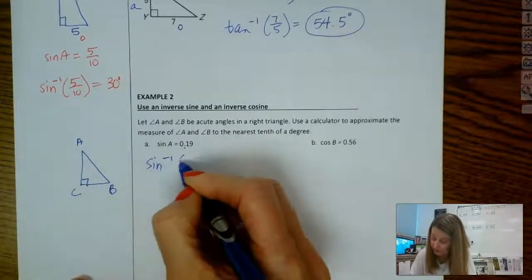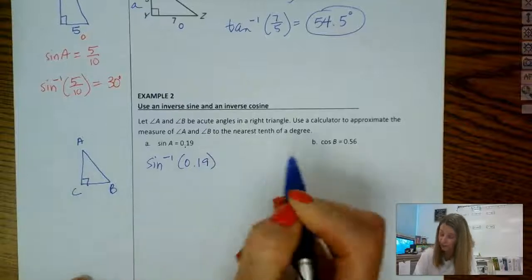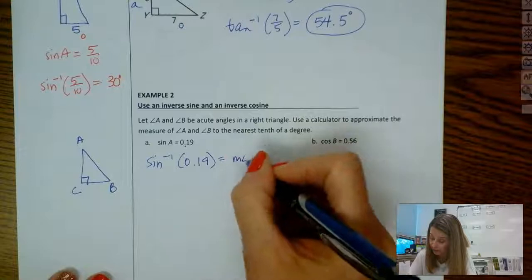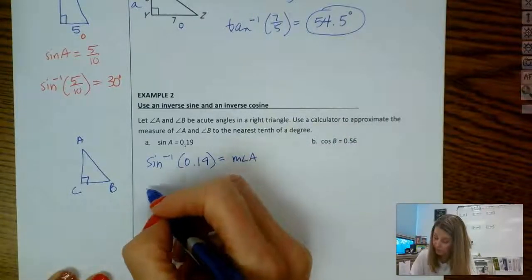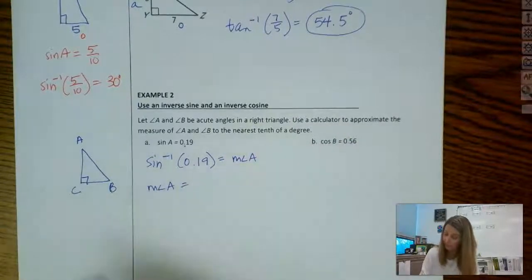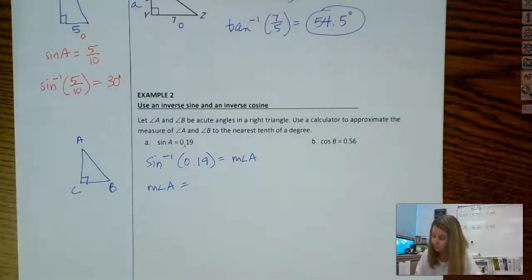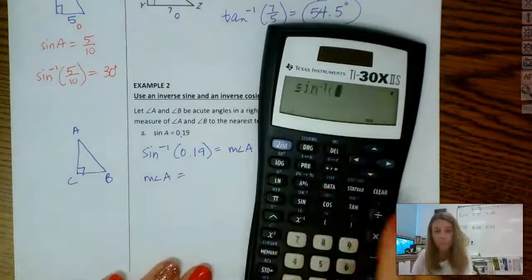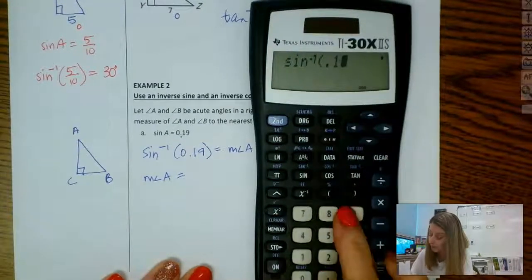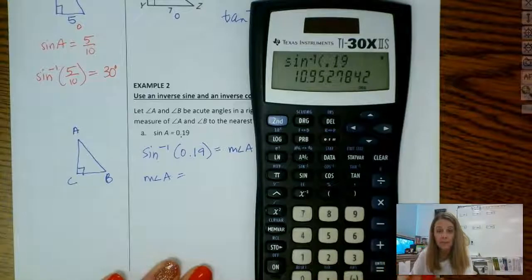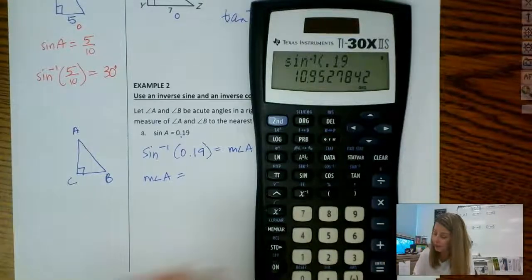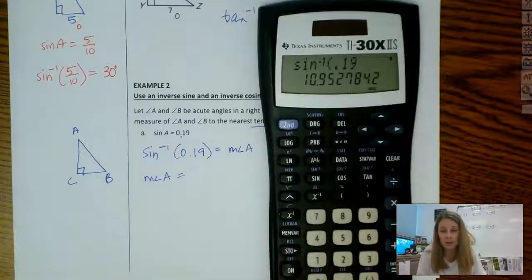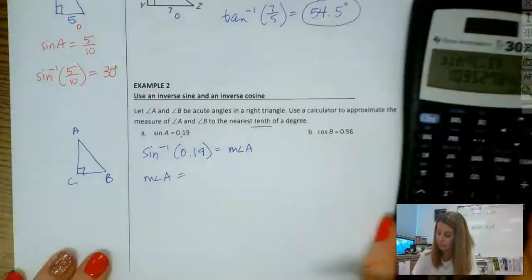So the inverse sine of 0.19 will give me the measure of angle A. So the measure of angle A, let's see. So inverse sine 0.19 gives me about a 10.95, does it say? Okay, nearest 10th. So that's going to force me to round it to 11.0.